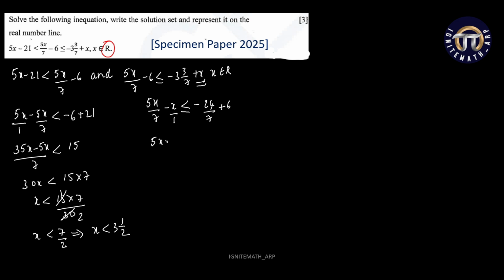So 5x minus 7x by 7 is smaller than or equal to minus 24 plus 42 by 7. Clear? So minus 2x by 7 is smaller than or equal to 18 by 7, since 42 minus 24 gives 18. Clear, children? Then I'll cancel this 7 and 7.